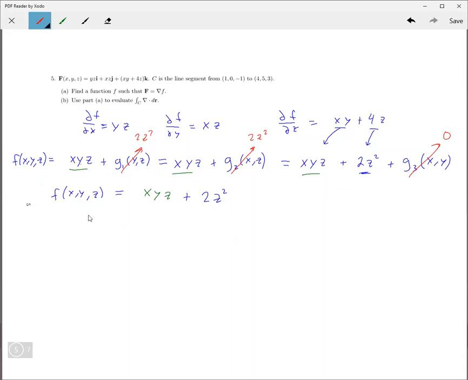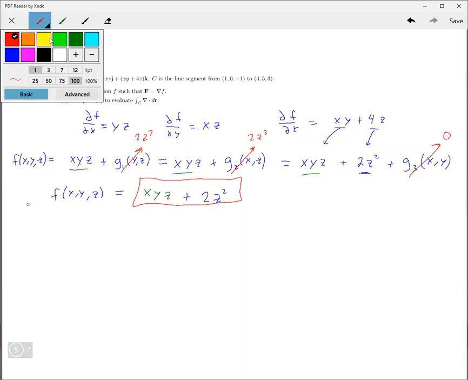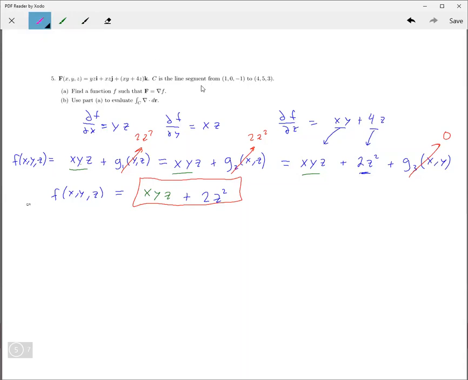So that's the answer for part A. And then for part B, we want to find this right here, right?